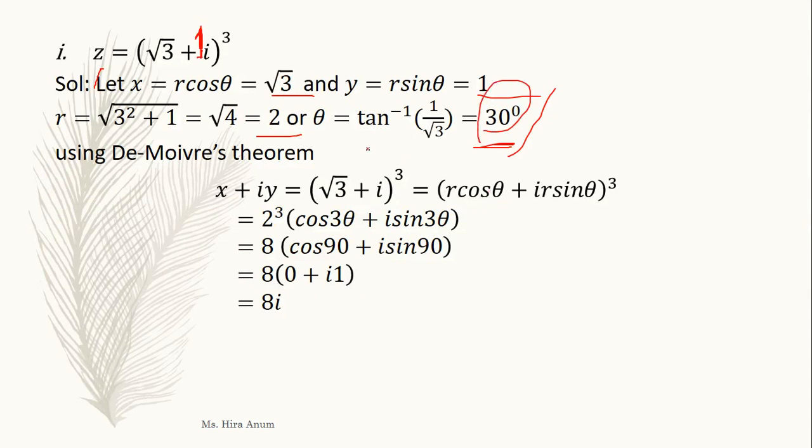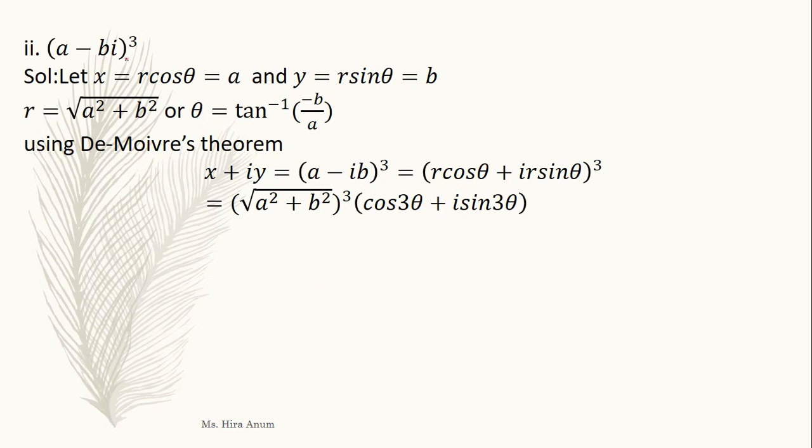So 3 multiplied with 30 becomes 90: cos 90 plus iota sin 90. Cos 90 is 0 and sin 90 is 1. So the result is 8 iota.